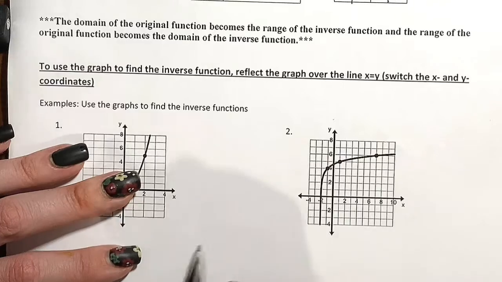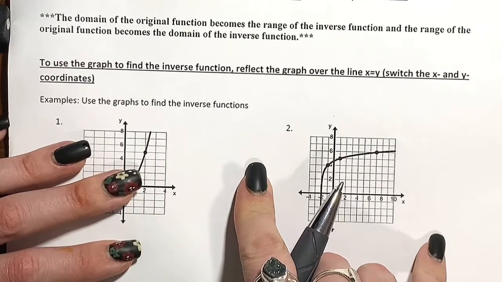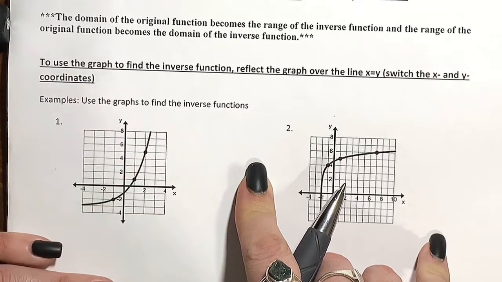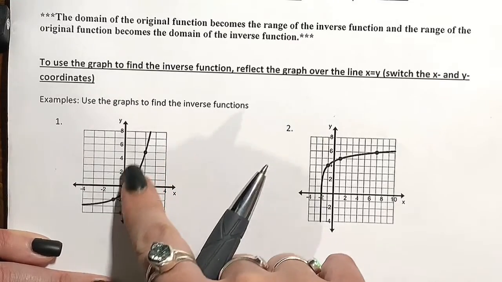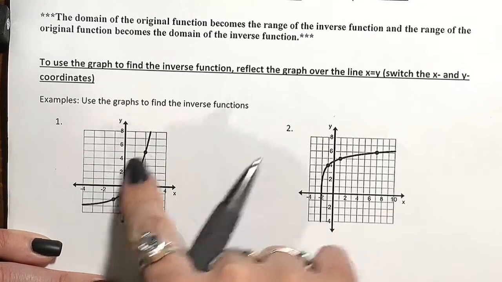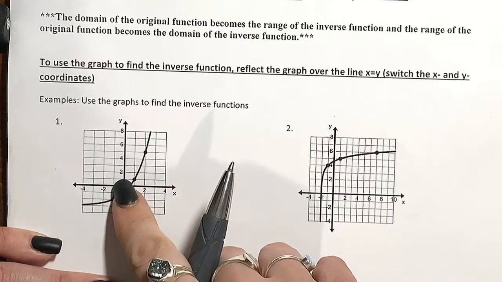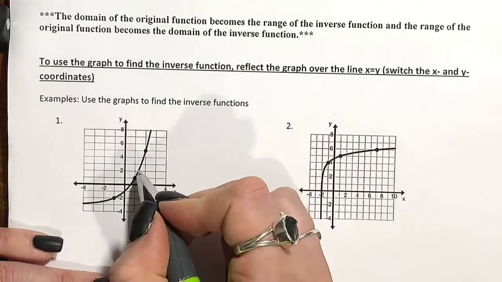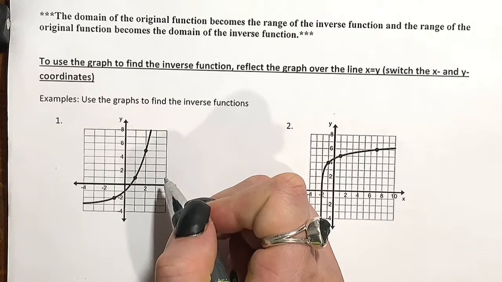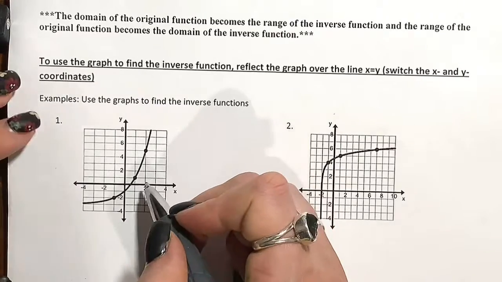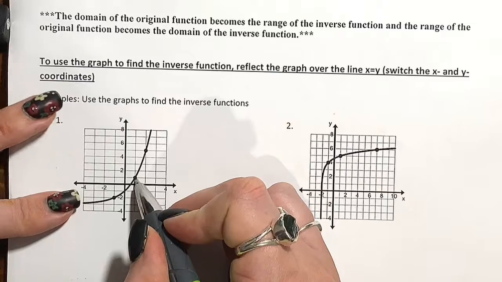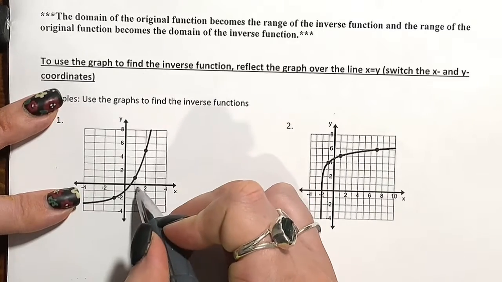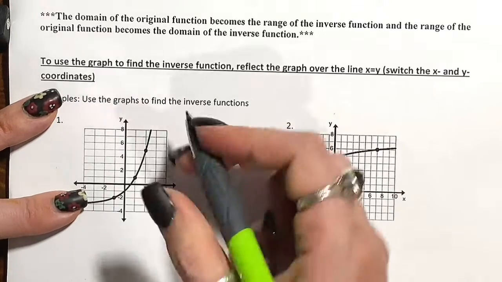And then for graphs, what you're going to do is try and find points. This one kind of bolded points for you, but you're going to try and find where the graph goes right through a little intersection, and you're just going to flip the x and y coordinates. So what that means is, let's do this point first. This point is over 2 and up 5.